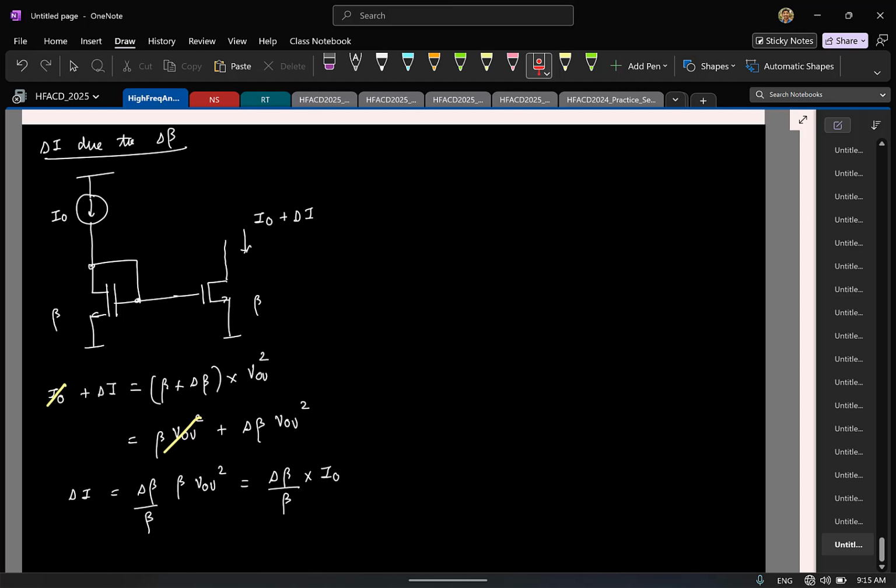The idea is I don't want to have delta beta here. I want to consider that the transistors are matched so that calculations are easier. But I know that I have a delta I current. So how should I change, or what should I include in this to model this additional current delta I? I mean, I can put another current source delta I, right? That's all.